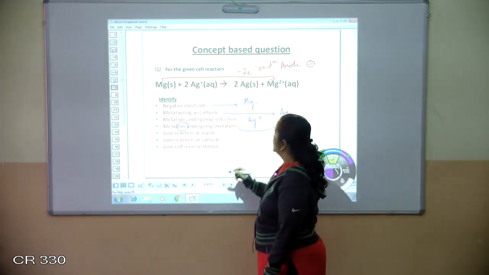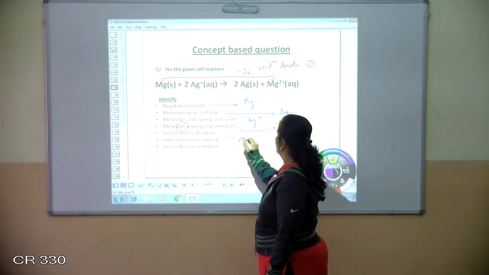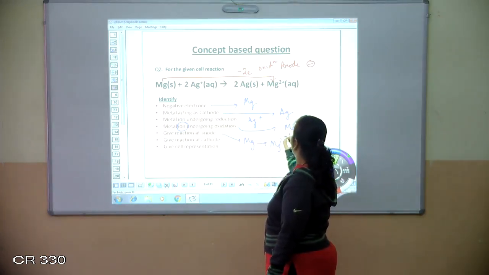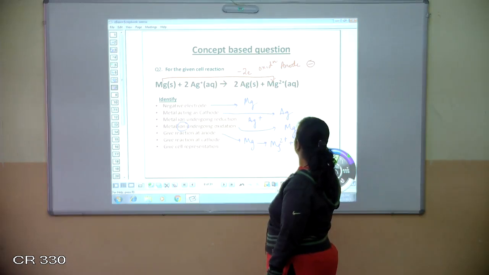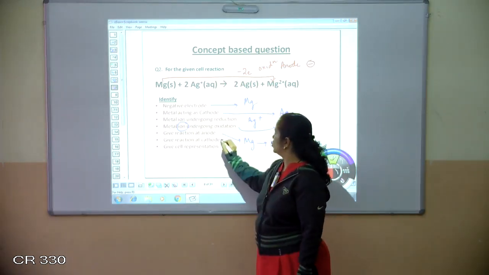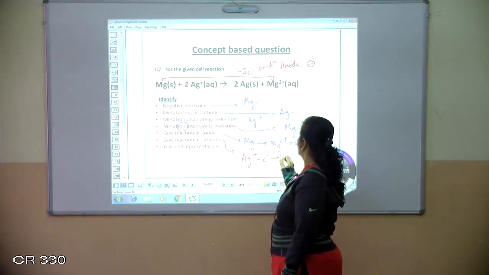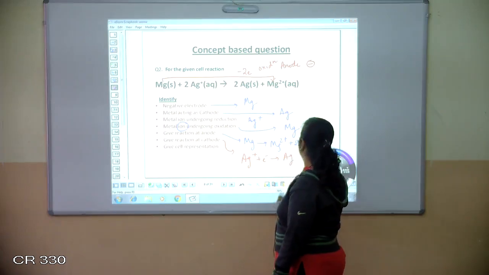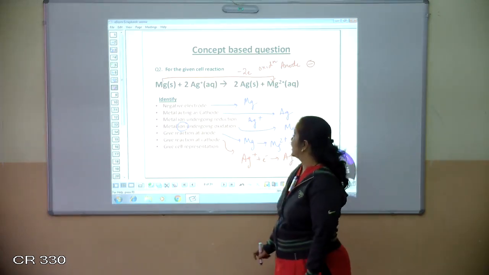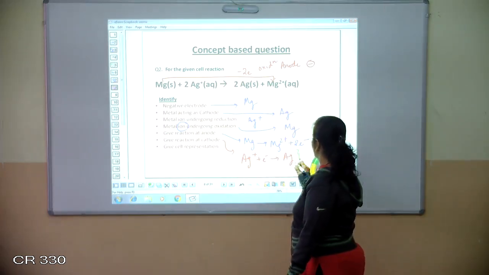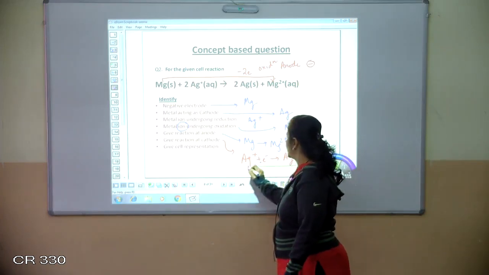At the anode, the reaction would be magnesium changing into magnesium ions plus 2 electrons, whereas at the cathode, the reaction would be silver ions accepting an electron to become silver. Before I actually add to get the net reaction, which you don't require in the question, but if you were asked so, then you need to multiply this by 2 and then add the 2 given equations.